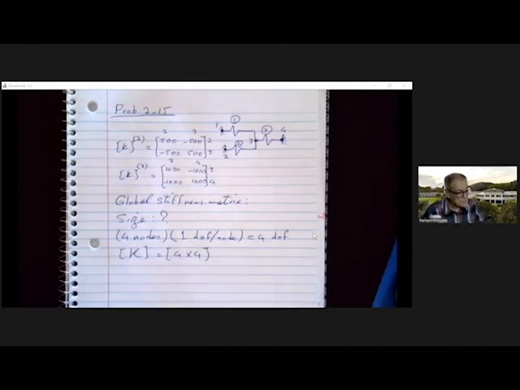Question: even though nodes 1, 2, and 4 are fixed in location, they still have a degree of freedom? Yes. We write them down, then we apply the boundary conditions, and we will remove them later. This computer system doesn't know at the beginning if node 2 or 4 are attached to a wall or not.